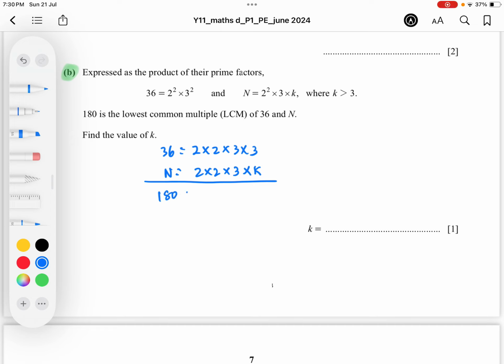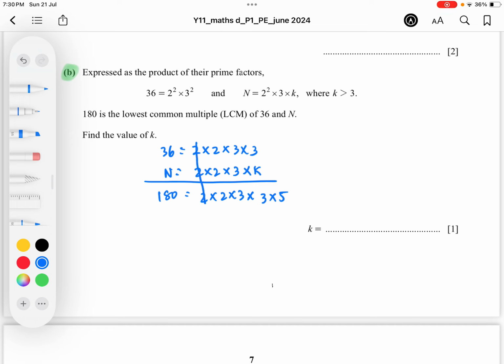So 180, that's 2 times 2 times 3 times 5. Am I missing out? Yes, I'm missing out 3 times 5. So what could be possible?